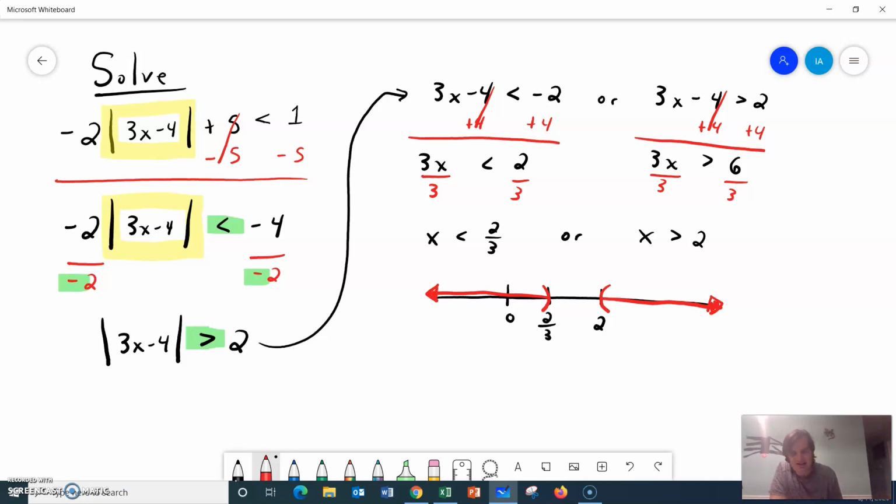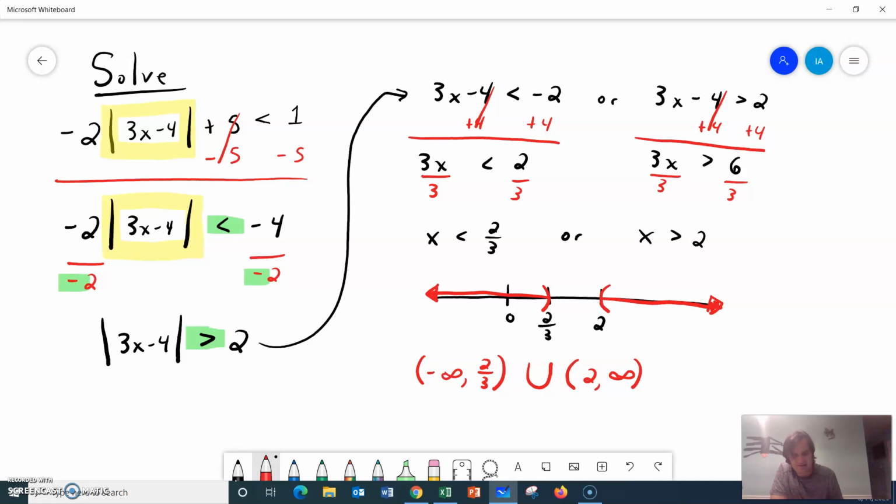But writing that in interval form, the left arrow means parentheses negative infinity up until 2/3, and since the less than means another parentheses, I'm going to go ahead and put my union in for or. And then the right hand side of this is parentheses 2 where it starts, and the right arrow is infinity. So I have all three forms.